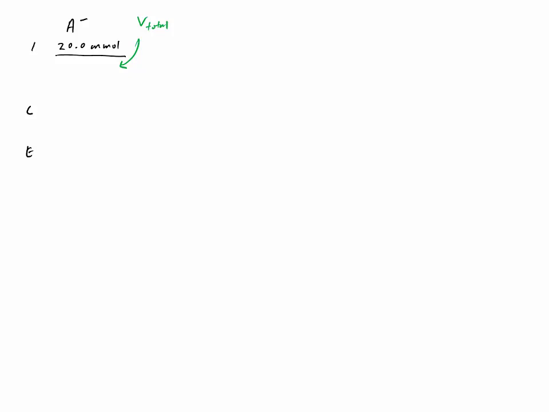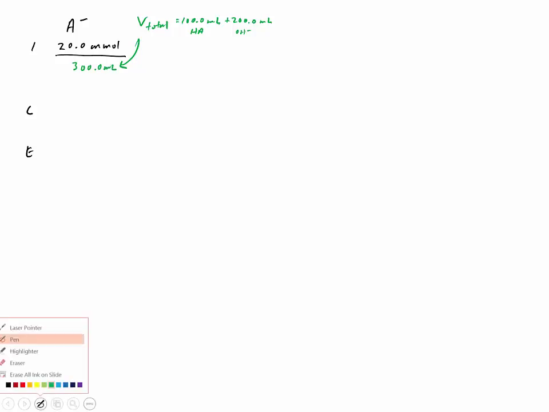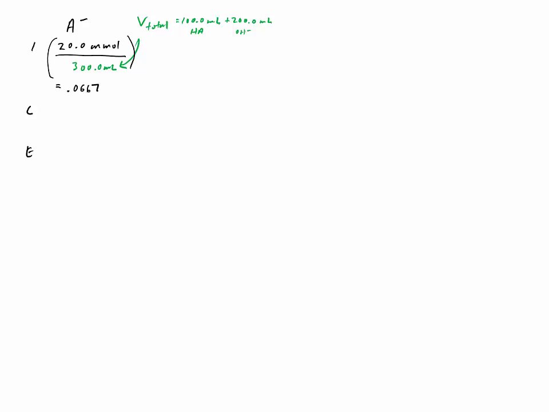So originally we had 100.0 milliliters of the weak acid, so that volume counts, and then it took 200 to get to the equivalence point, so we need to add all of that. That's how much base we added. Adding both of those, we get 300 milliliters. So on our ICE table, we need to use molarity, which if we calculate this is 0.0667 molar.